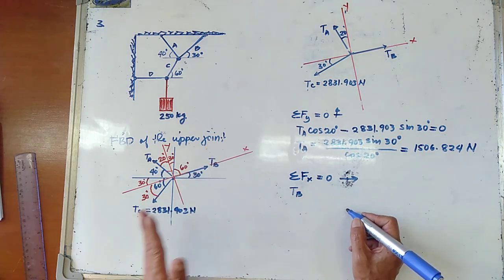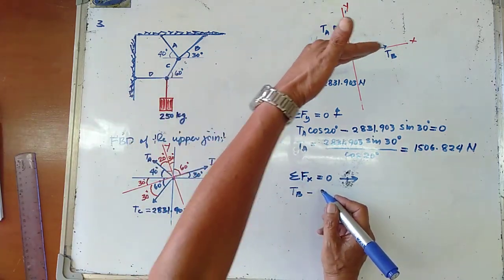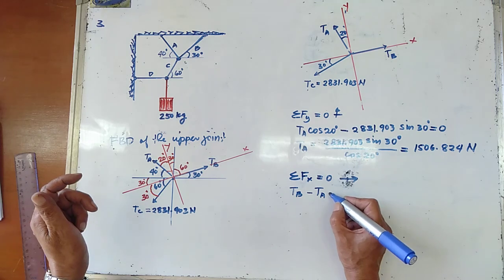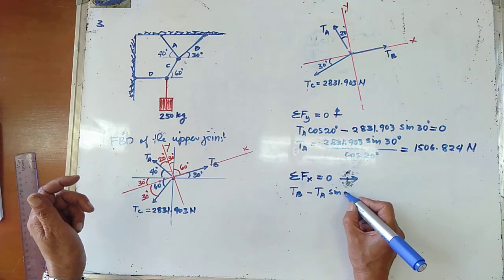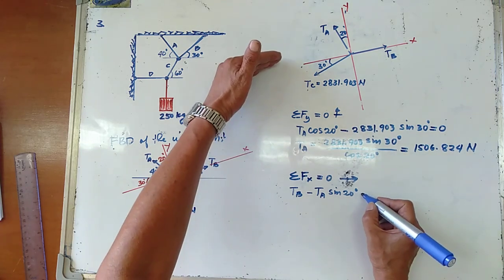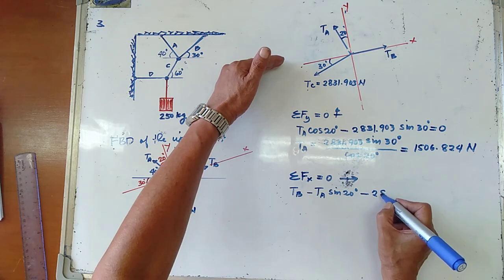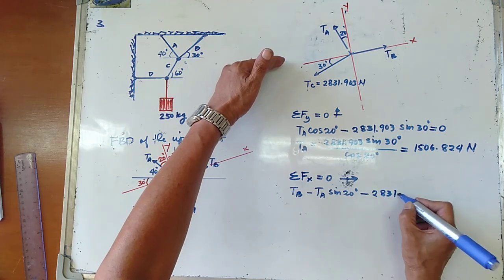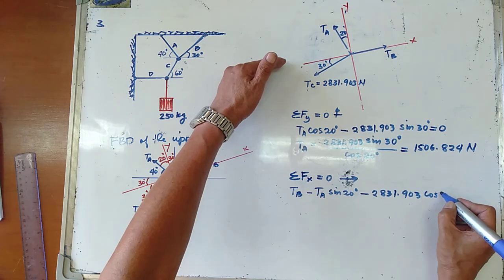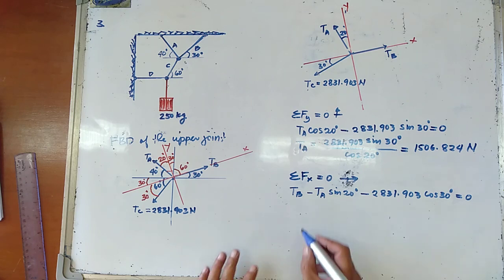And then TA sine of 20 degrees minus TC, minus TC is 2831.903 cosine of 30 degrees, equal to 0.